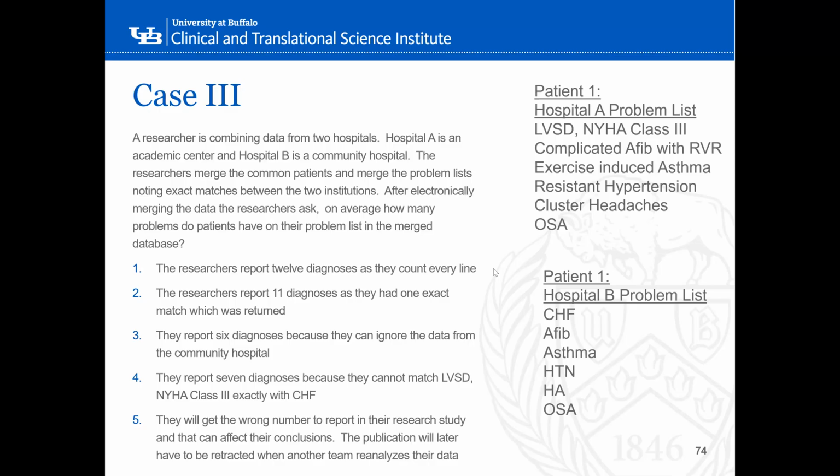So 11 is probably not going to be the right answer. 6 diagnoses, you can't just ignore the data from one of the hospitals if the whole point is merging the data. 7 diagnoses doesn't quite fit because if you can't merge LVSD NYHA class 3 with CHF, then you also can't merge complicated AFib with RVR with AFib or exercise-induced asthma with asthma, because those are other things that could be issues. So of the options available, 5 is the only one that I can't rule out, even though there's ways to get around it, basically.